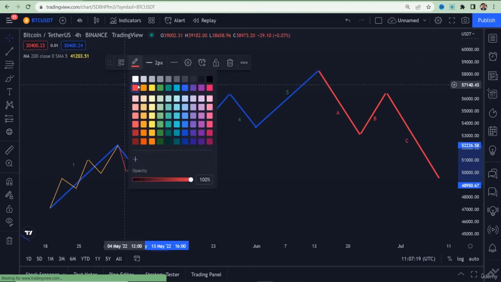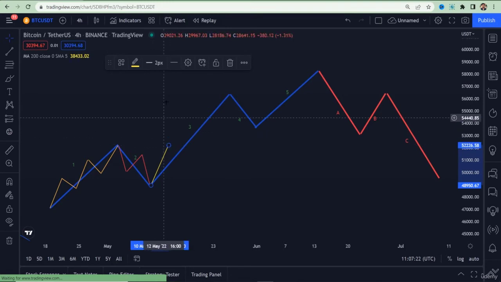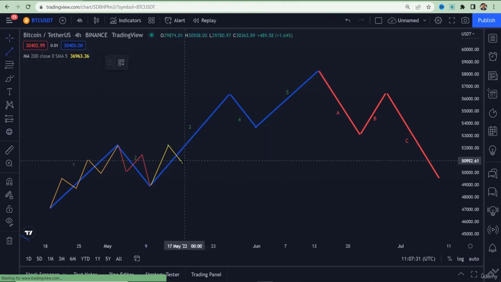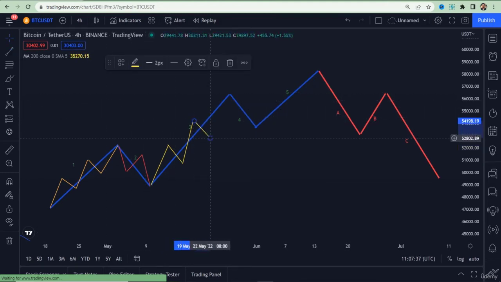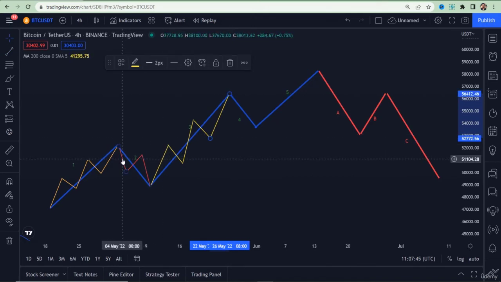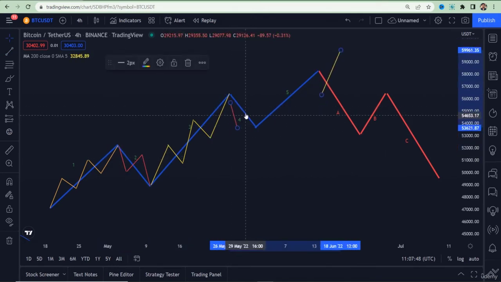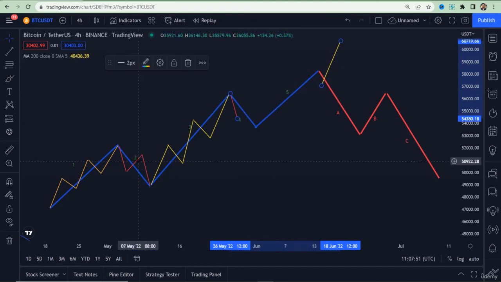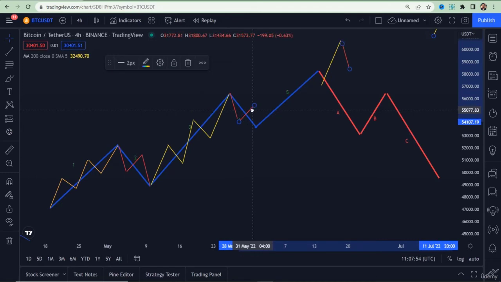So this is the one wave. Where is the Alt T? Sorry. Then you get this again. Then you get this one. You get this one. And then you get this one, and that will be followed by a corrective wave, just like this one.